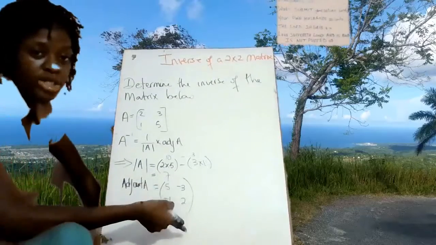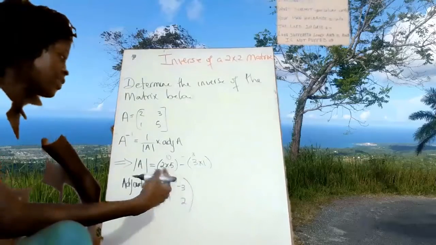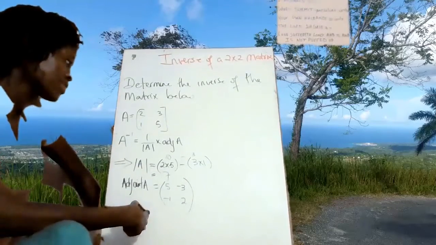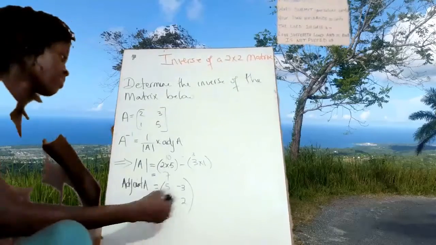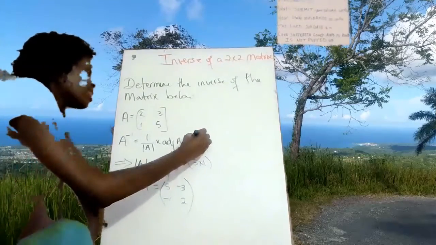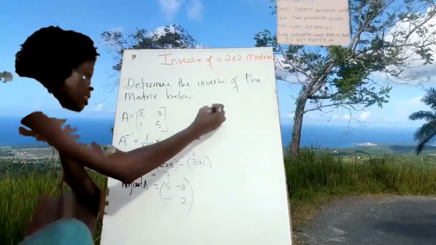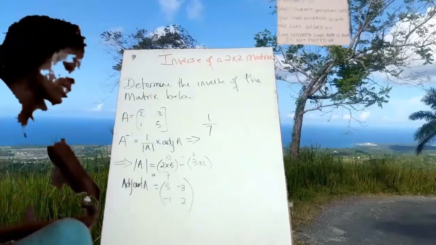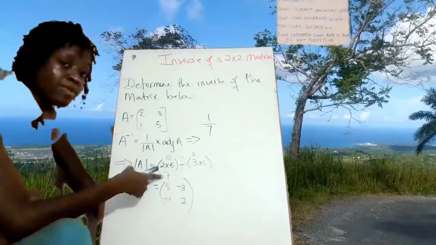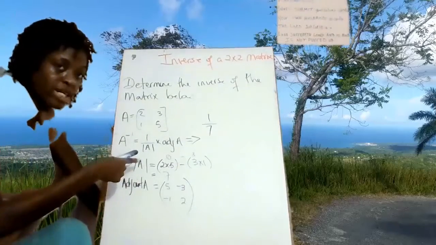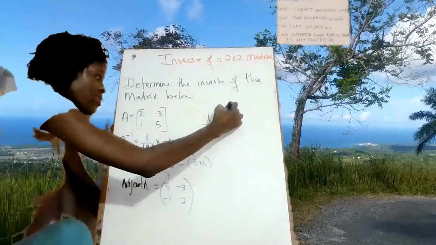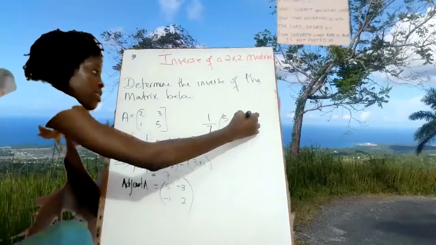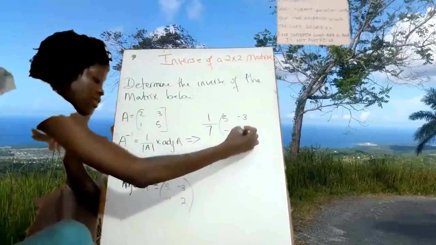So I have found adjoint A, and the formula says it's 1 over determinant times adjoint A. So I can put implies here and say it's going to be 1 over 7, because 7 is the determinant and it's 1 over the determinant as a fraction. So 1 over 7 multiplied by 5, -3, -1, 2.